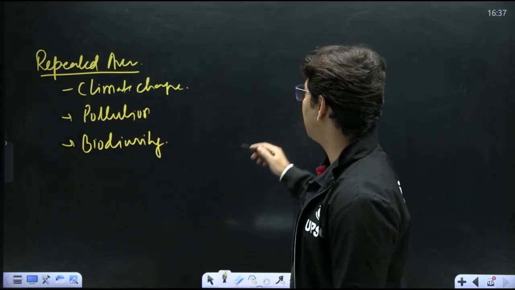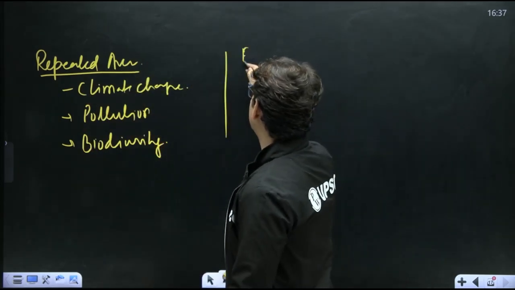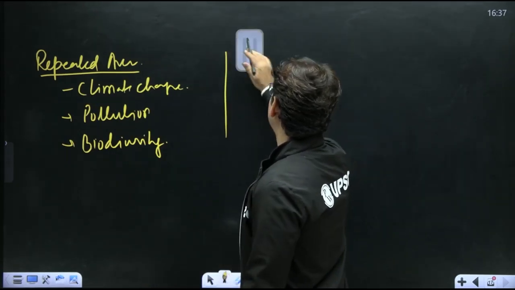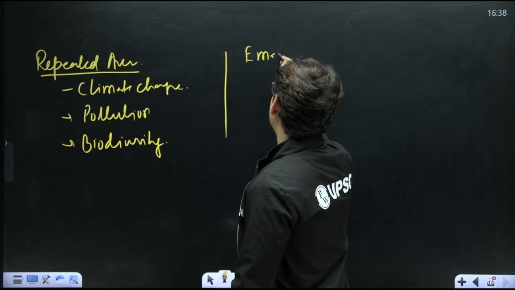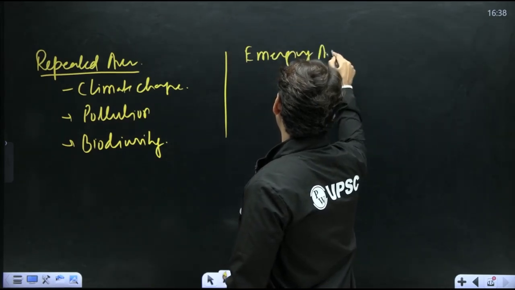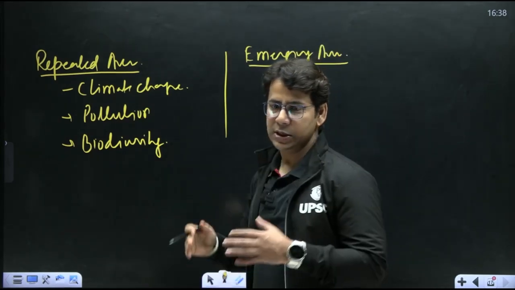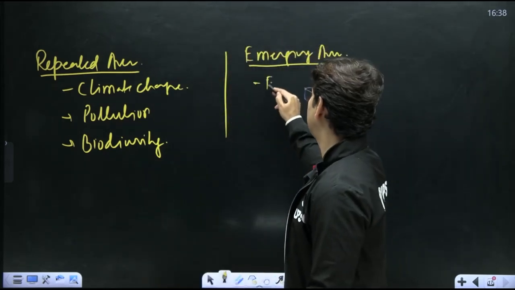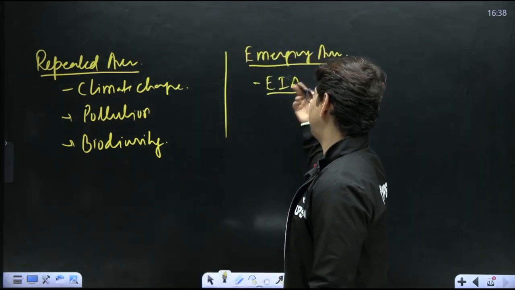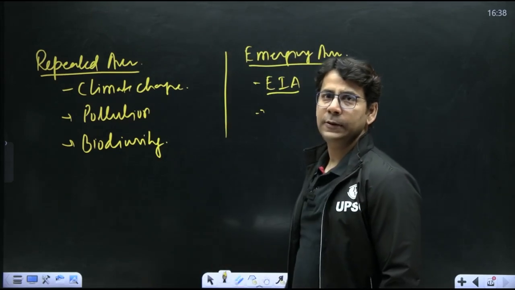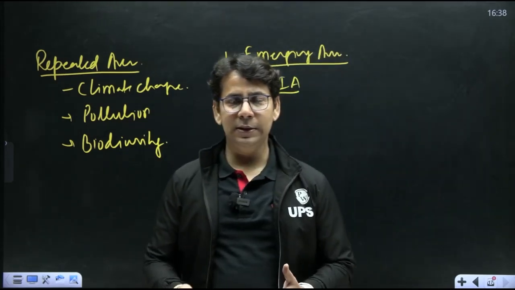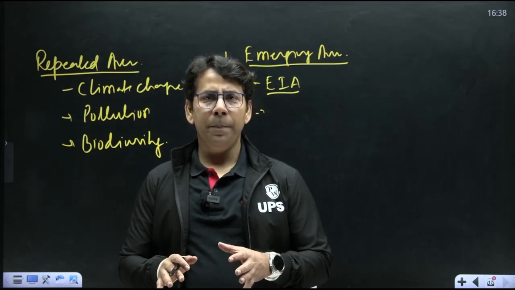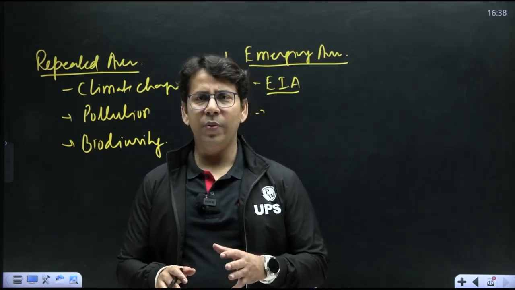If we talk about the emerging areas, the emerging area is environmental impact assessment. The new draft, they have asked questions about this, and still CAG reports are there where EIA is not being done properly, public hearing is not being done in a proper way, right?